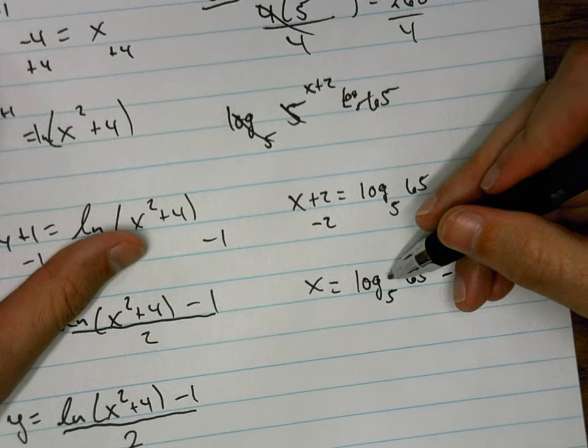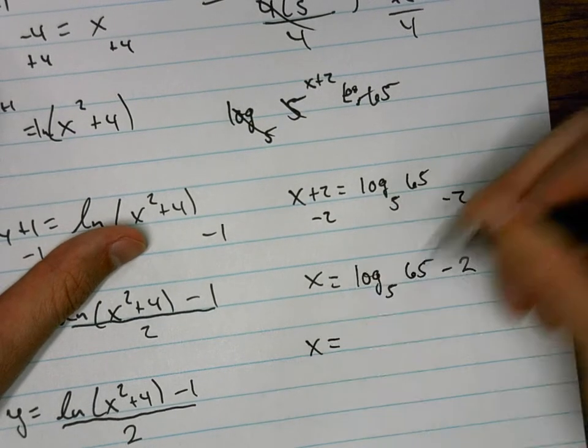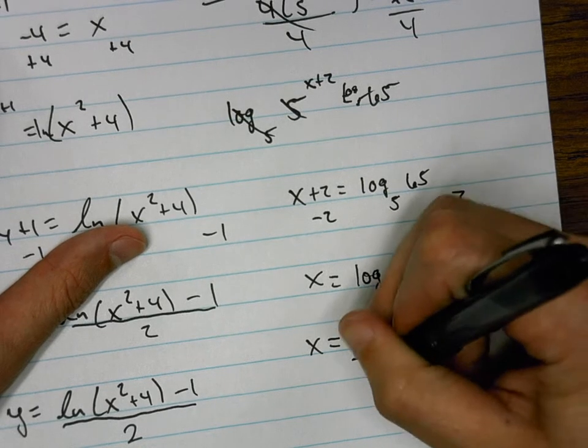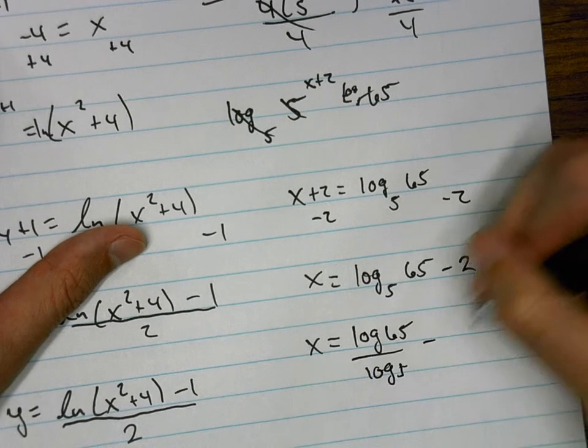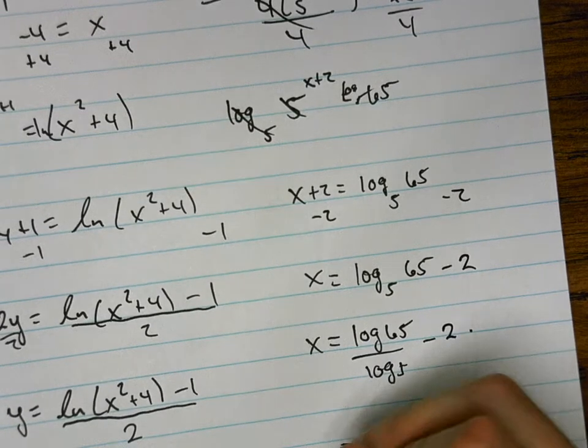However, we can't take this log, so we have to use the change of base. So that's log of 65 divided by log of 5 minus 2. And plug that into your calculator.